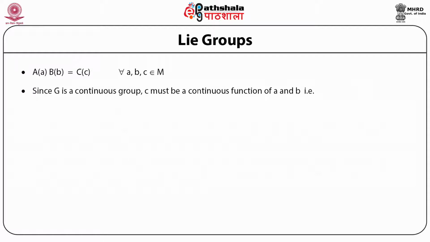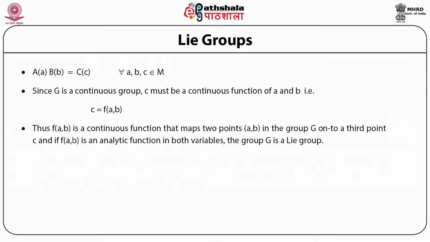Since the group we have considered is a continuous group, the parameter c must be a continuous function of a and b. That is, the parameter c as a function of (a, b) must be a continuous function that maps two points a and b in the group G to a third point c.